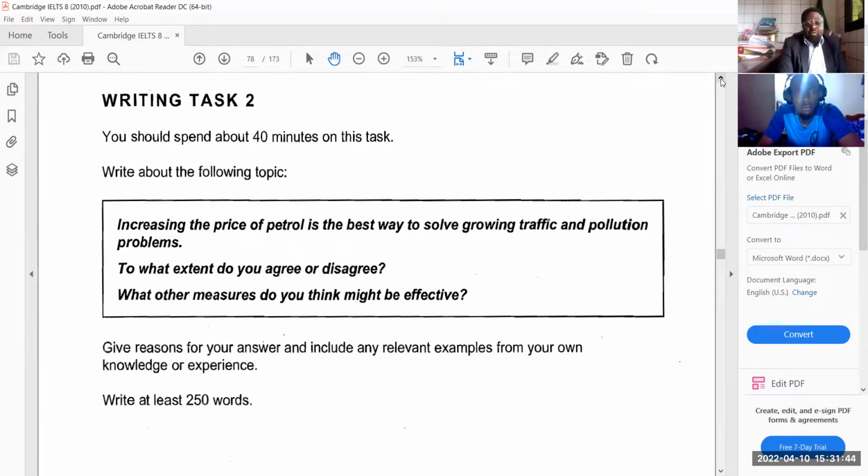So the next thing now to do is to look at how you are going to divide your work here. The first topic, you saw it there, it is clear. You have to talk about the role parents play in bringing up children to become good citizens, good members of society.